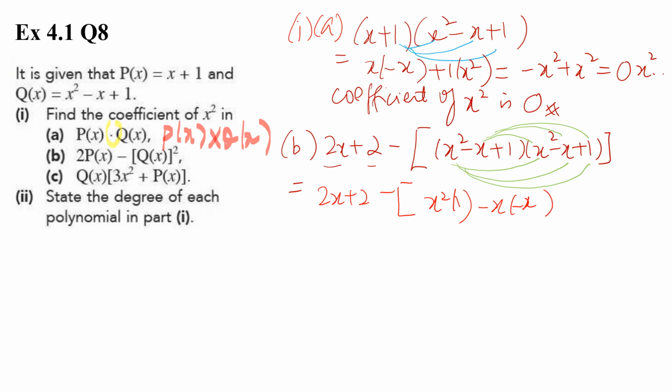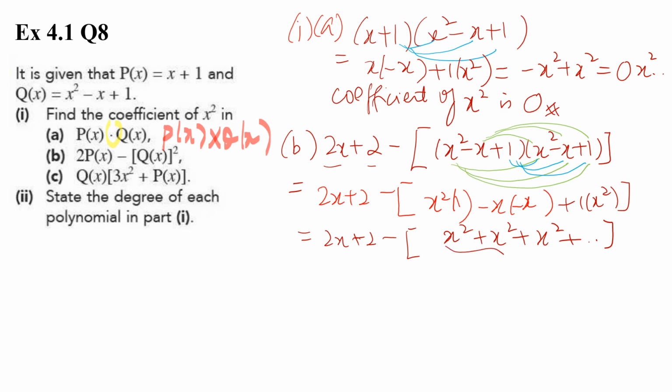Then go on to this one. Which one am I interested in? Plus 1 times x squared. Alright, so let's simplify. x squared plus x squared plus x squared. This will give us 3x squared.